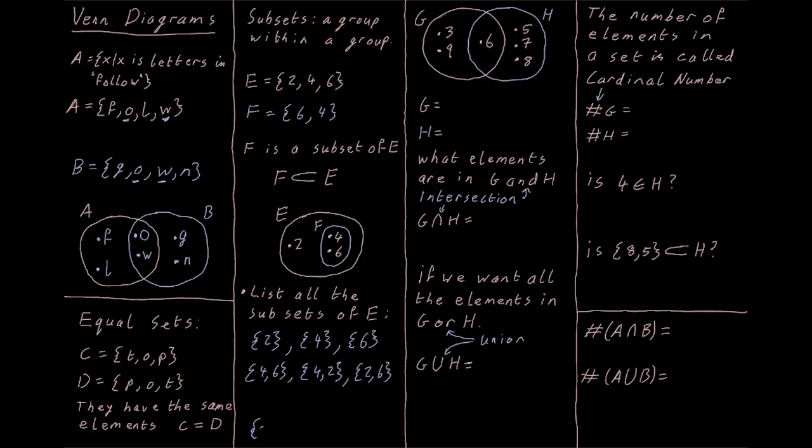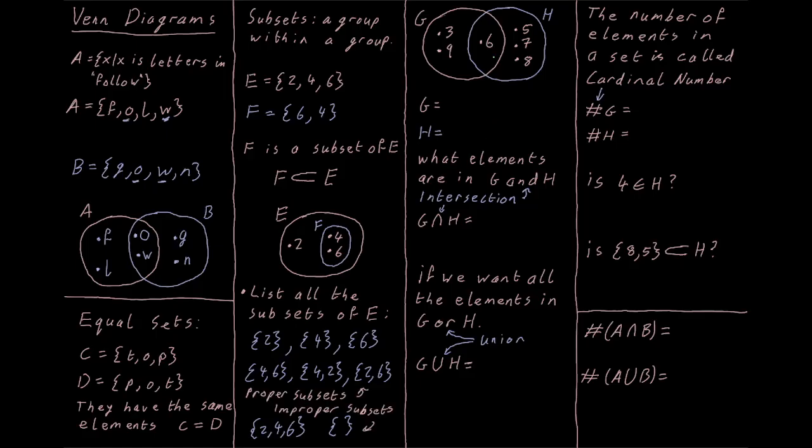The set itself is a subset of E, and the most important one is that the null set is always a subset of every single set. So these are called improper subsets, and they're always going to be the same. It's the set itself and the null set, the empty set, and then the parts of E are the other subsets of E, the subgroups that would be obvious within E. So those are all of the subsets of E.